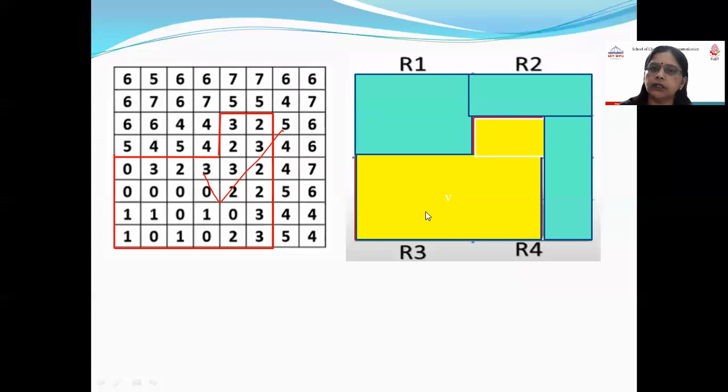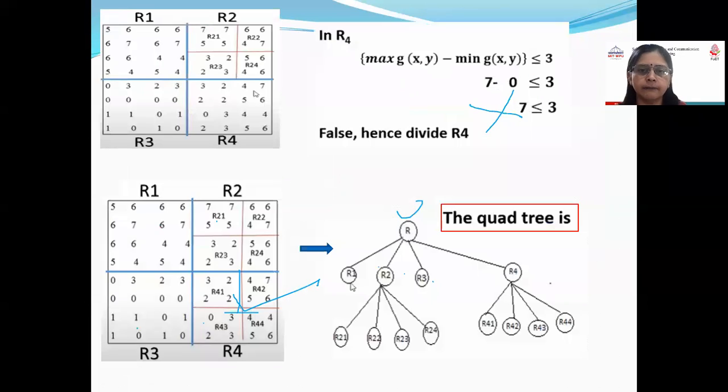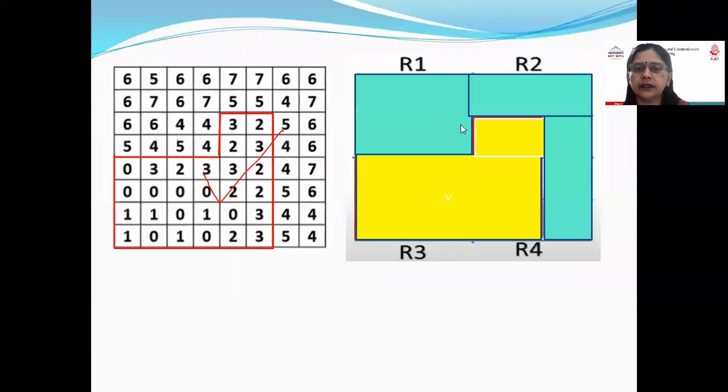So we get only two regions because of the split and merge operation. If we simply apply the split operation, we will get 10 regions. But when we check adjacent regions for homogeneity with the merging technique, we finally get only two regions.